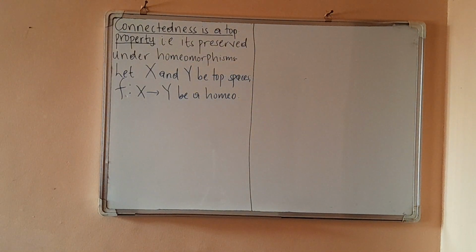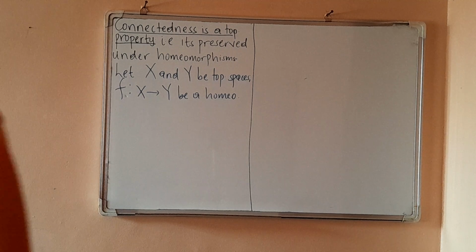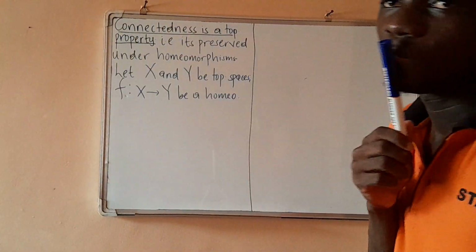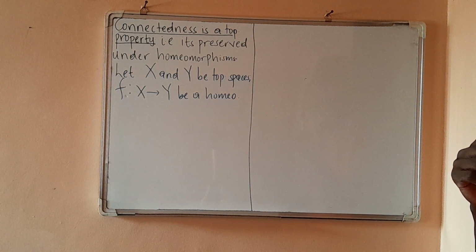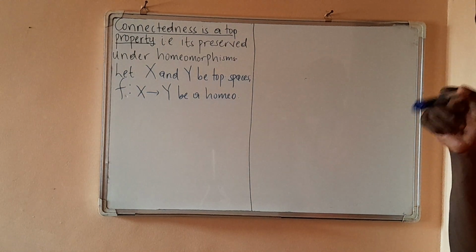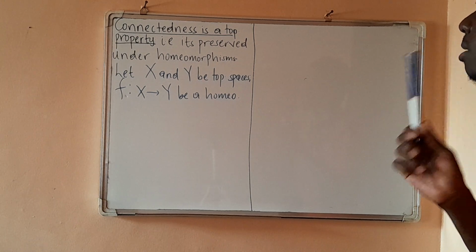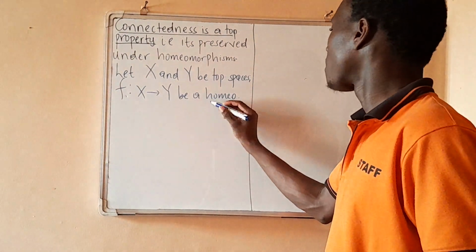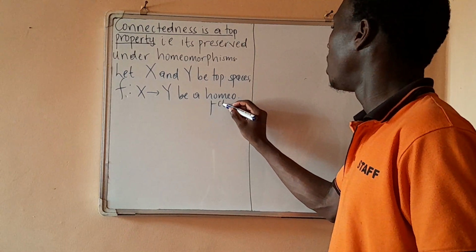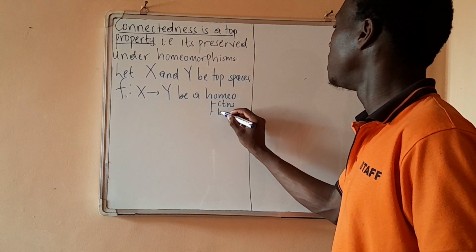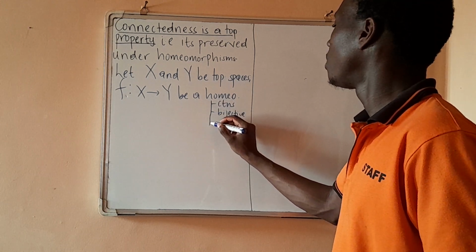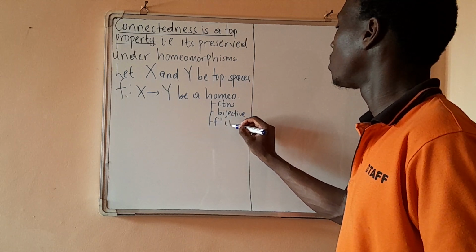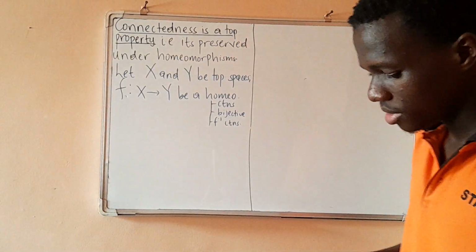And in the previous video, I think we have shown that. I don't want to prove that again. We have proved that the image of a connected space under a continuous map is connected. Because a homeomorphism is a continuous map, bijective, and also the inverse is continuous.